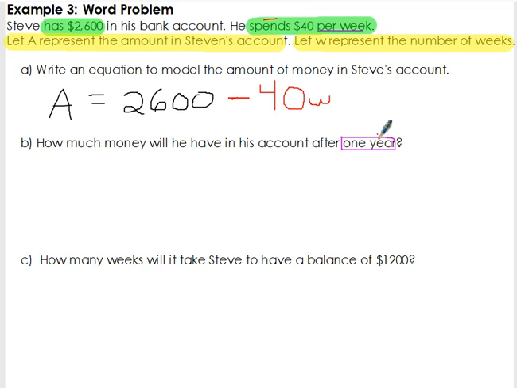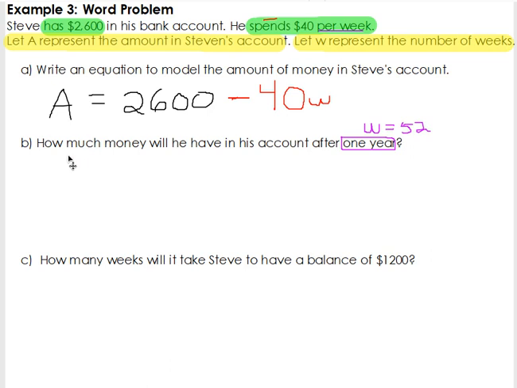So we have to think, if he's spending $40 every week, how many weeks are in a year? Well, I think there'd be 52 weeks. So the number of weeks is going to be 52, because there are 52 weeks in a year.